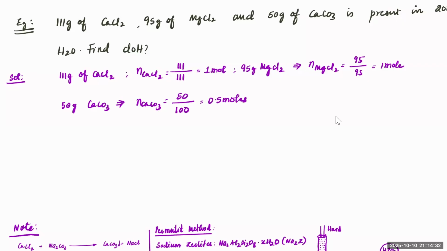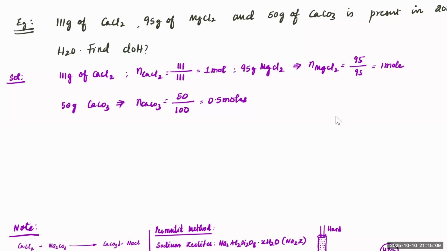Got it? Now try to understand this one. If 1 mole of calcium chloride is providing some hardness, then 1 mole of calcium carbonate will also provide the same amount of hardness. Is this logic clear, everyone? Whatever hardness n moles of calcium chloride cause, the same effect will be observed with n moles of calcium carbonate, because it is to do with the amount of calcium 2 plus ions.